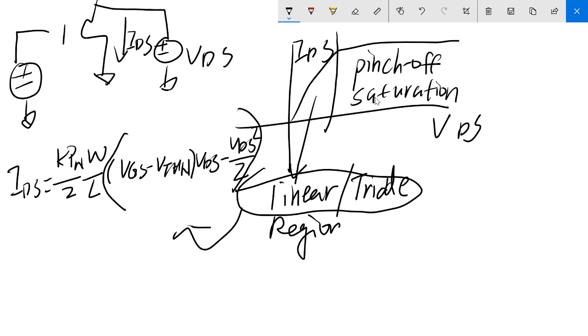Okay, and we name it the linear region because this region is pretty similar to a linear line.